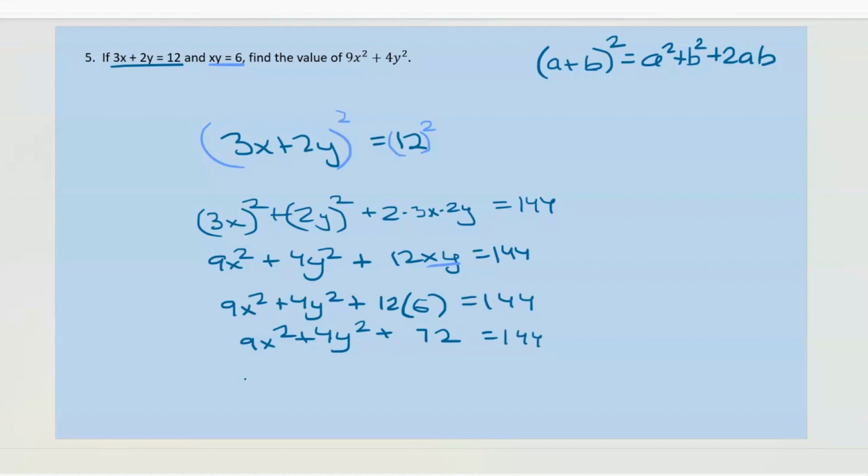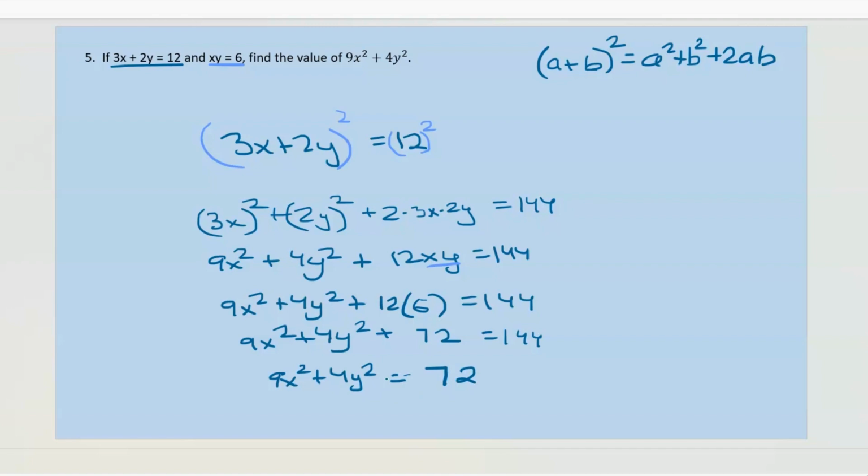Again, I am trying my best with the handwriting. I'm sorry if it's not that good. So then we're going to subtract 72 from both sides. And that is finally going to result in 72. And that is our answer.